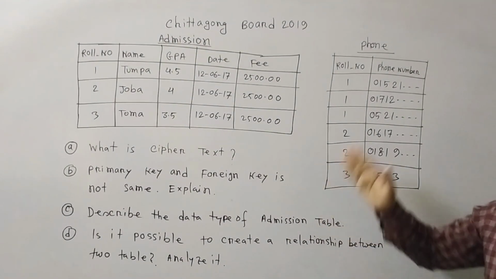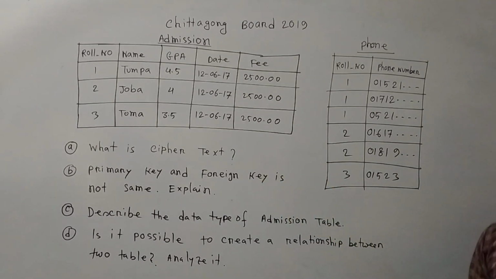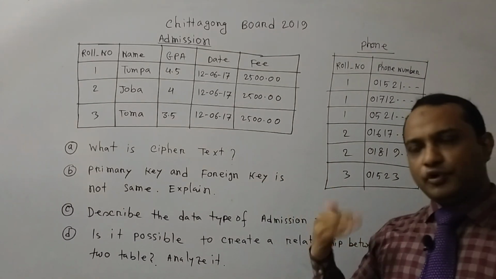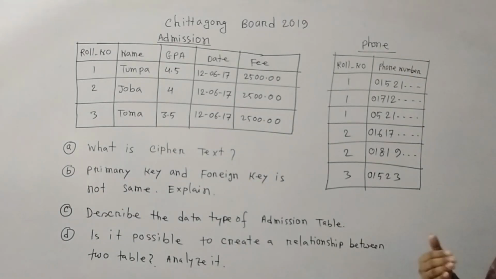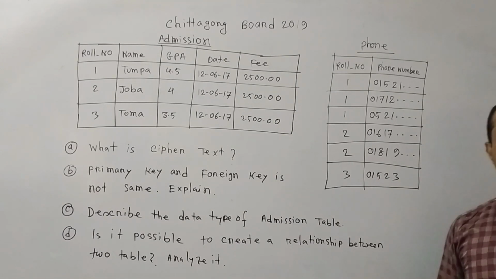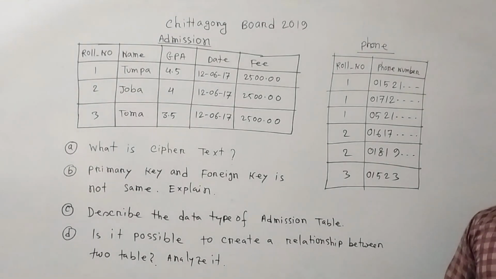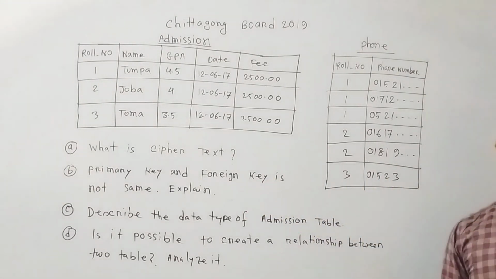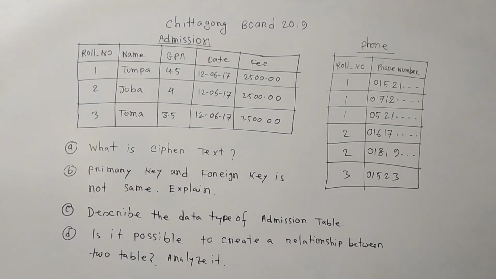But if you give the difference between primary key and foreign key, then it will be more fruitful. It will be better compared with this. So I think you will write the difference between primary key and foreign key. Now I will write it.